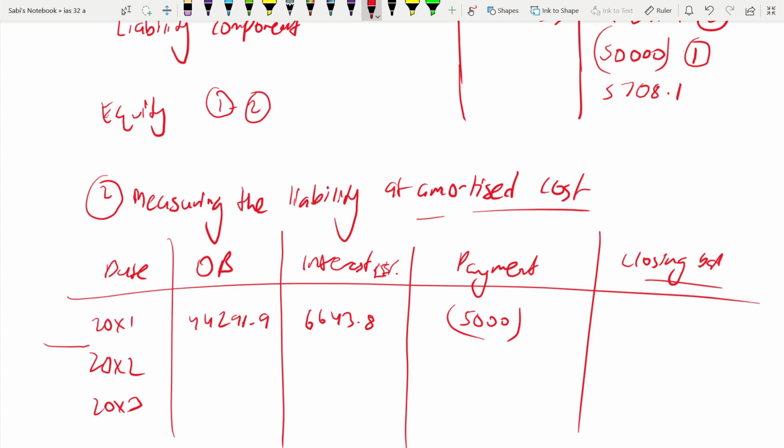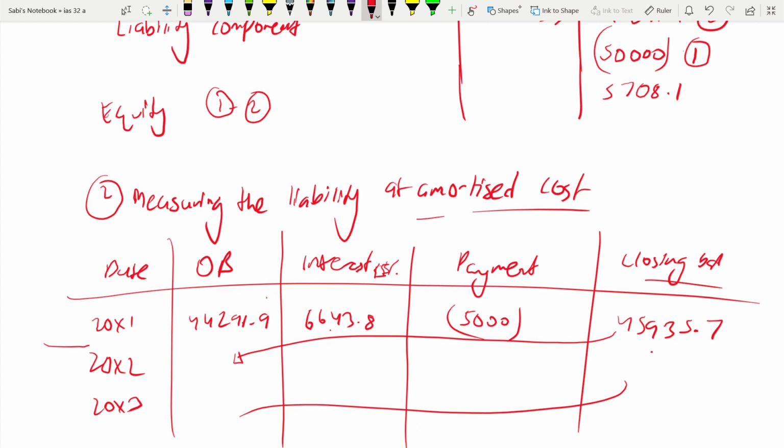And this finance cost, this interest will be added with this opening balance. Then you'll be left with 45,935.7. Now this becomes the opening balance here. It's like that.